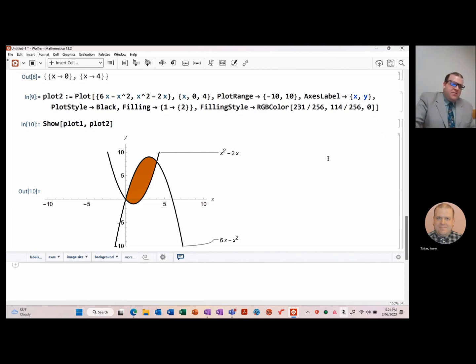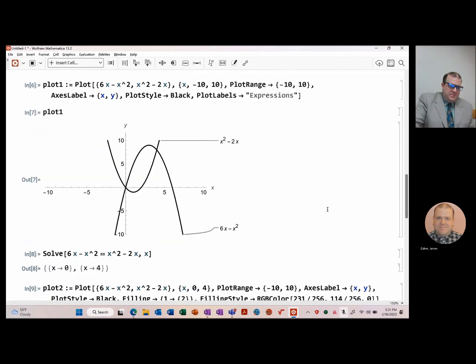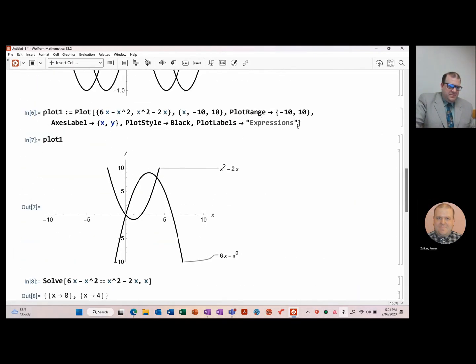I can also use the Ticks command. For ticks on the x-axis, I'm just going to do the 2 points of intersection, 0 and 4. And I'm going to leave the y-axis blank because I don't care.